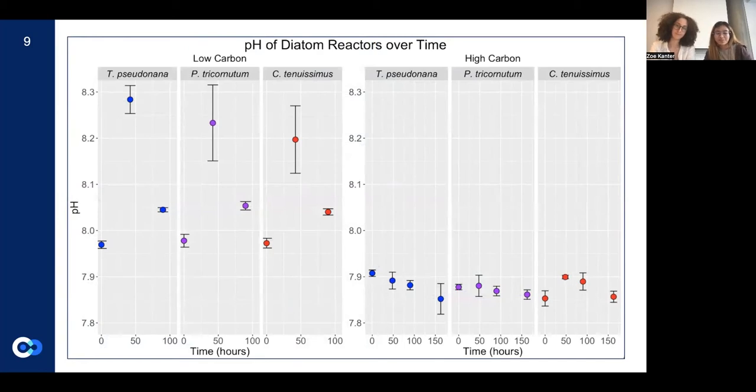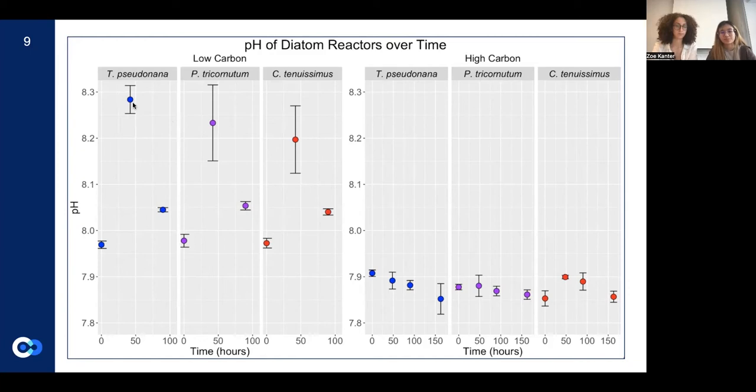Here we compared the pH of our mini reactors within low carbon and high carbon conditions. You can see that in low carbon, all the reactors are significantly higher than their high carbon counterparts. However, there is a big difference in peak within these species.